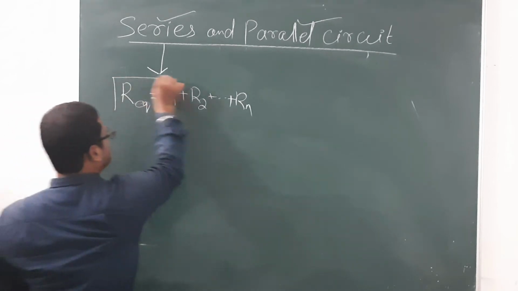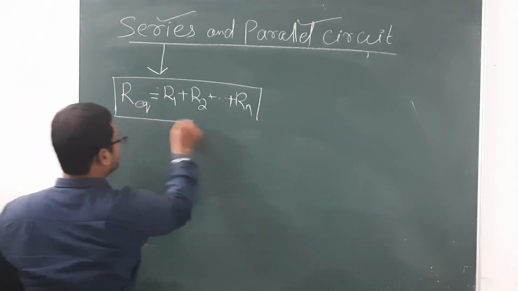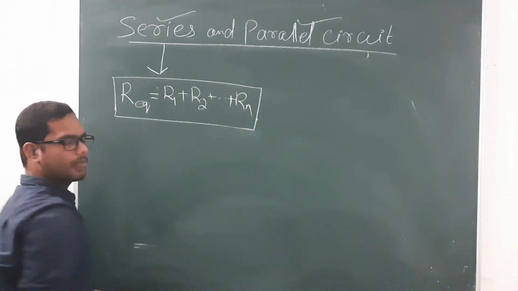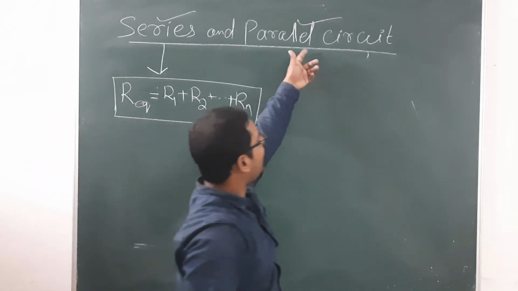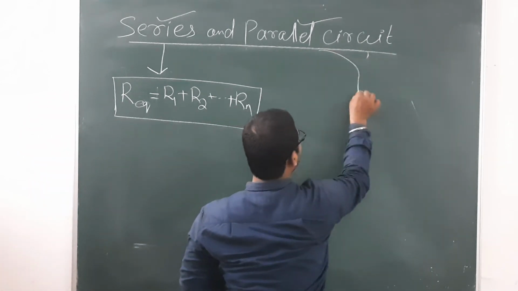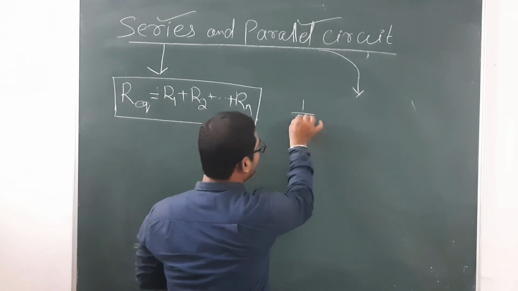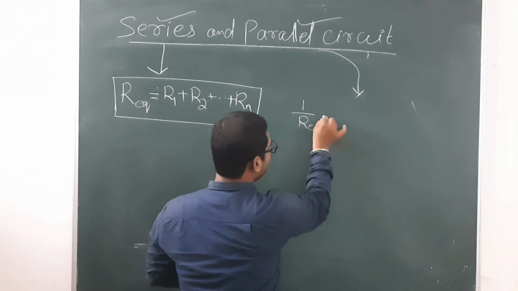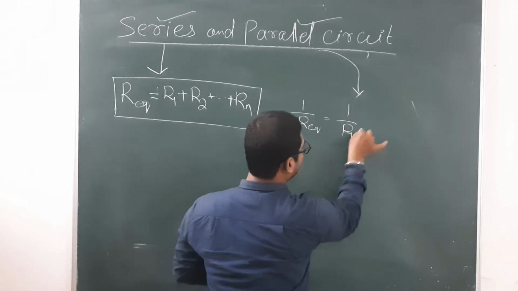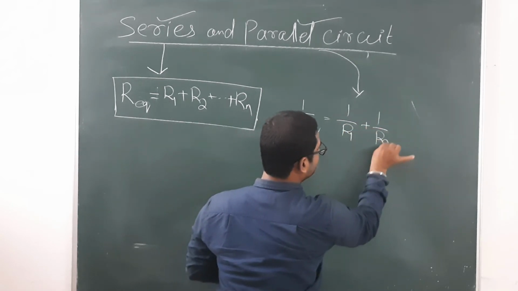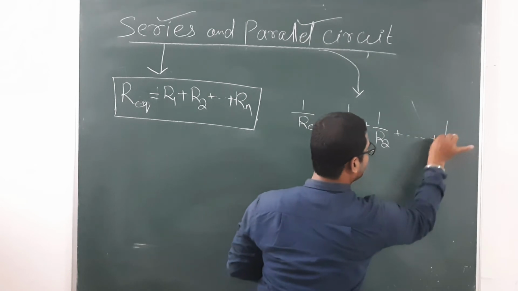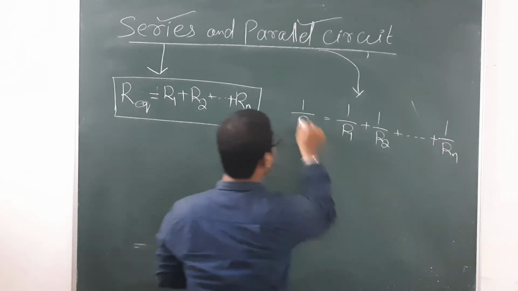So whatever the number of resistances connected, you have to sum up the resistances. And for your parallel circuit, what is the R equivalent? Here 1 by R equivalent equals 1 by R1 plus 1 by R2 plus up to 1 by Rn. These are the formulas.